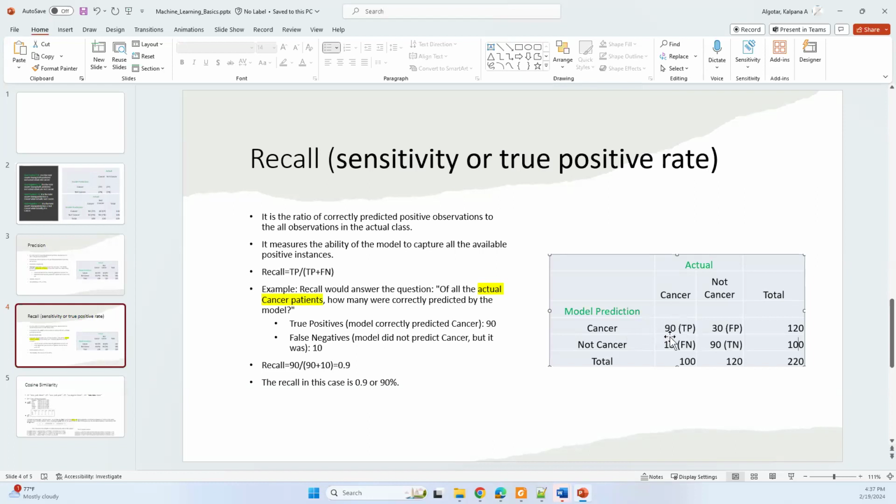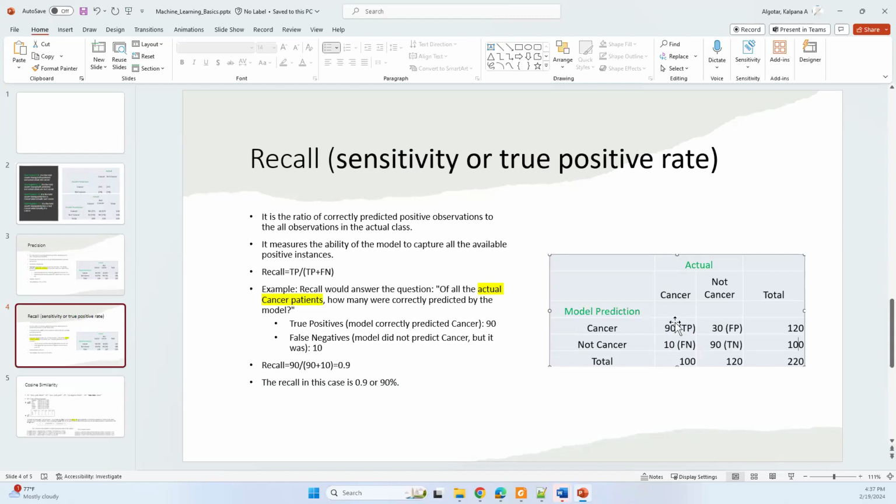Those patients are 90. The model is telling the patient does not have cancer, but in real life the patient has cancer. Those 10 patients are missed by the model. The model didn't correctly predict these 10 patients who actually have cancer.